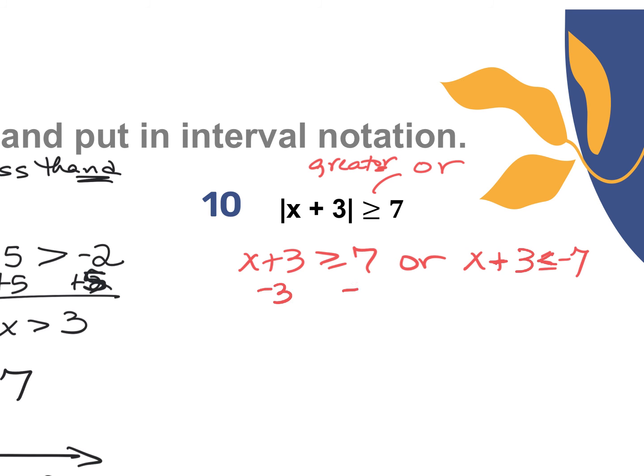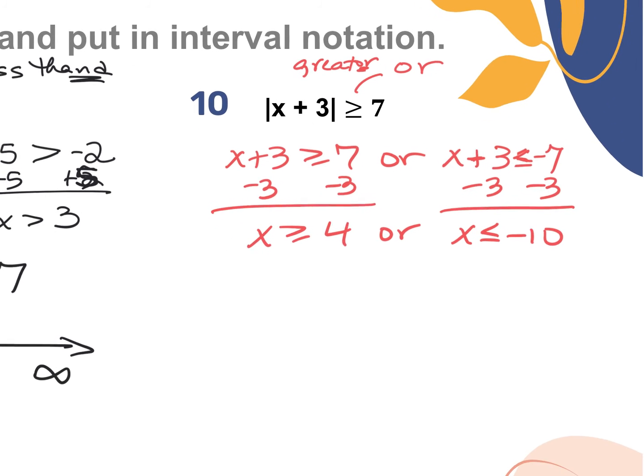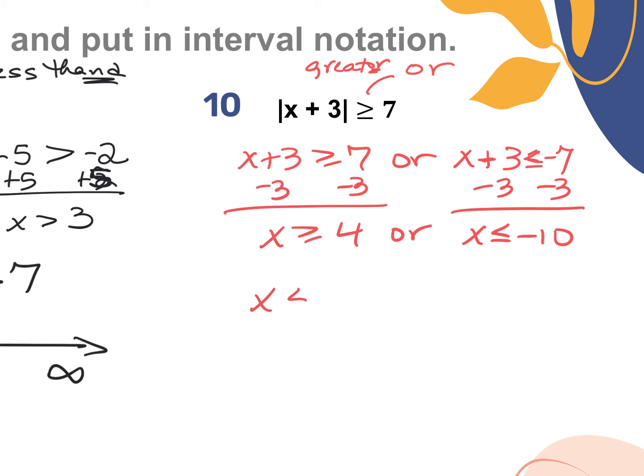So I'm going to subtract 3. X is greater than or equal to 4. Or, and then solve this one. X is less than or equal to negative 10. So again, we need to put them in least to greatest. So when we go to put this on our number line, it would be like this.